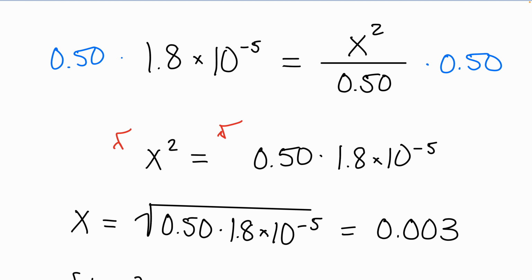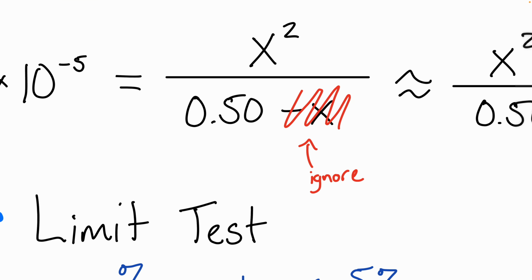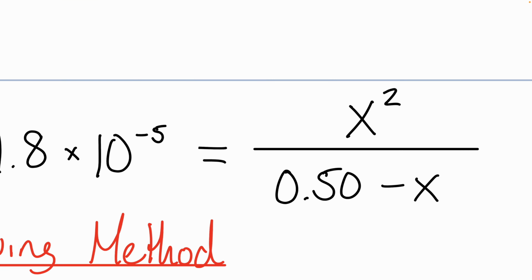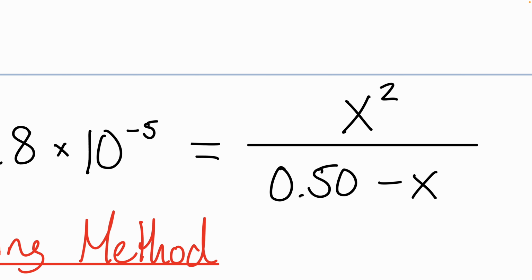And that just means that this number, if x is, for example, 0.003, then 0.5 minus such a small value is close enough to just 0.5 that you can use it without messing up the pH calculation. I see, because it's not related by multiplication or division, it makes a little difference.